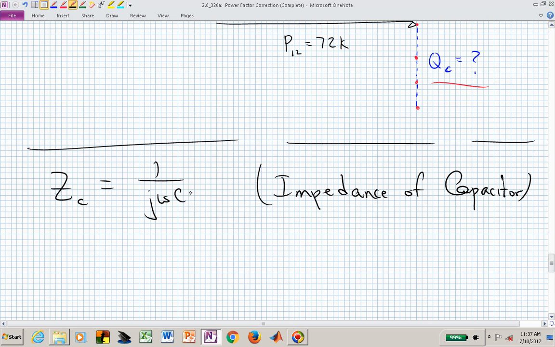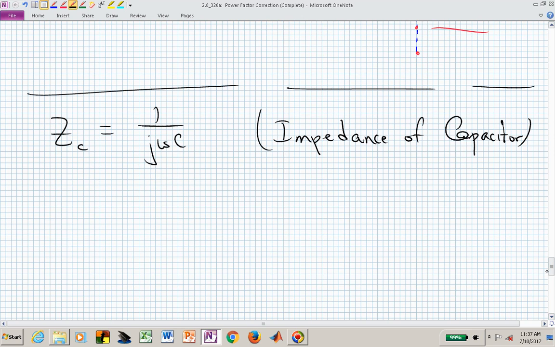This is now 1 over j omega c. That's in sinusoidal steady state, which says then, what's the complex power associated with that particular impedance? Well, the complex power hasn't changed in terms of its formula. That's the voltage phasor times the complex conjugate of the current phasor.